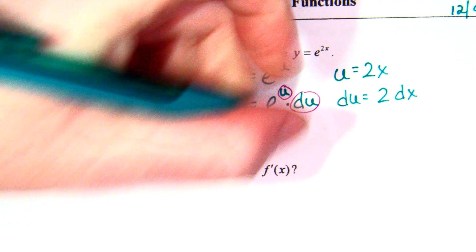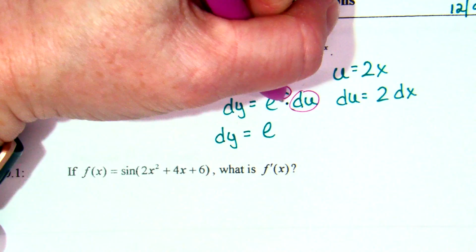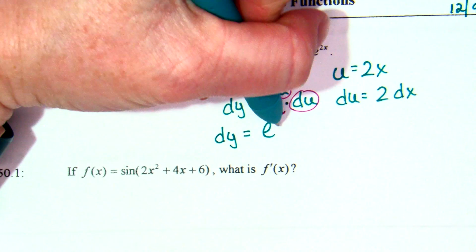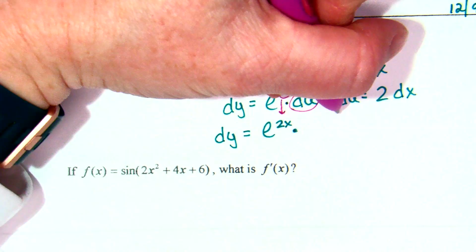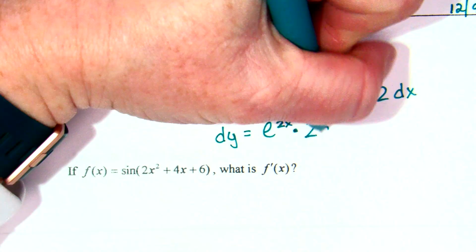So dy equals e to the, what am I using for u? 2x times du, which what was du? 2dx. Clean this up a little bit, since we are trying to find the derivative.